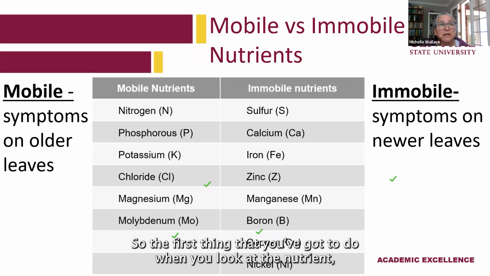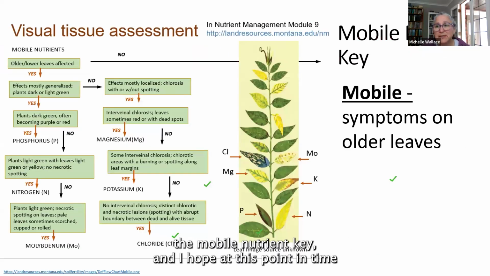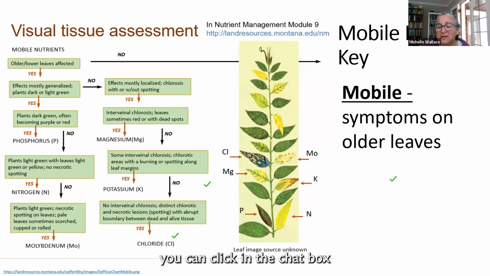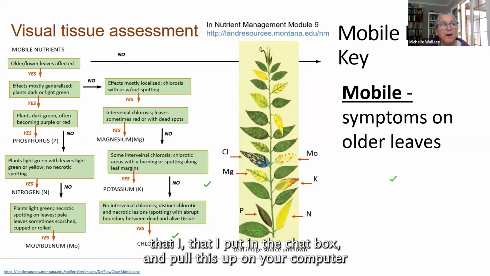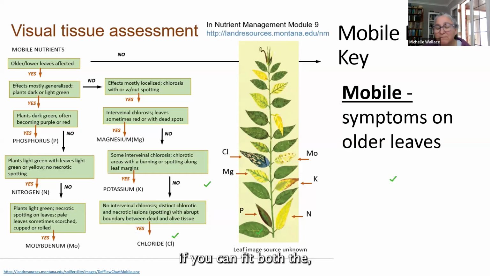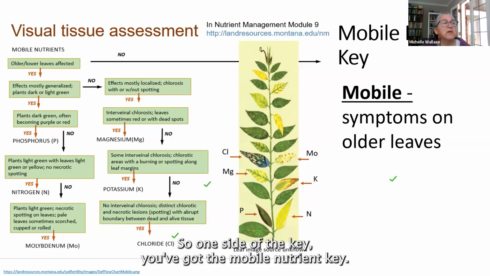So the first thing that you've got to do when you look at the mobile nutrient key, and I hope at this point in time you can click on the handout that I put in the chat box and pull this up on your computer if you can fit both the presentation and the key at the same time. On one side of the key, you've got the mobile nutrient key.